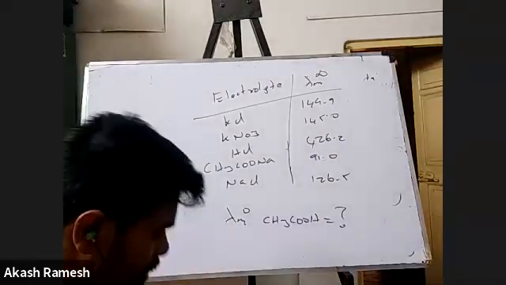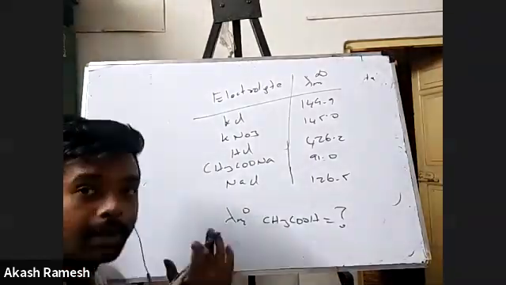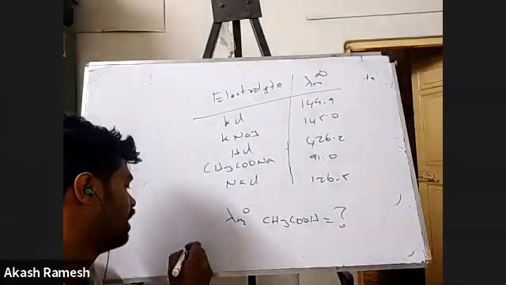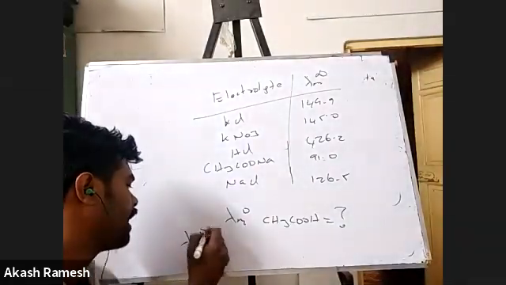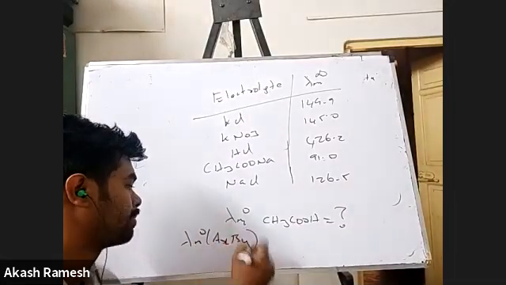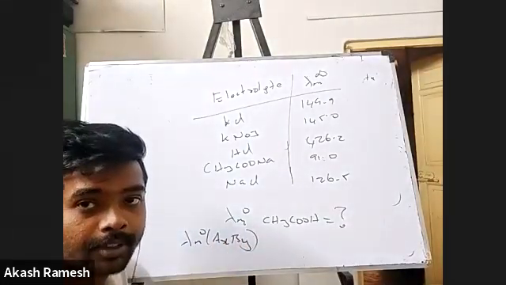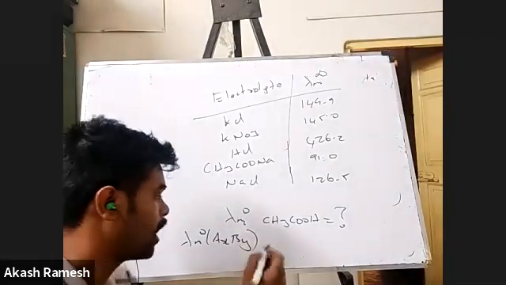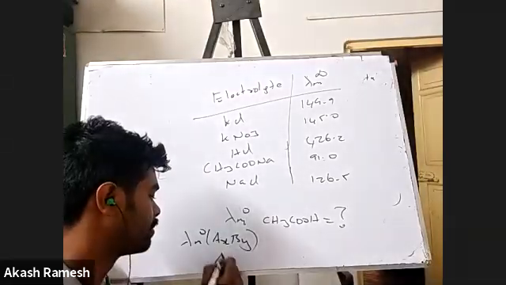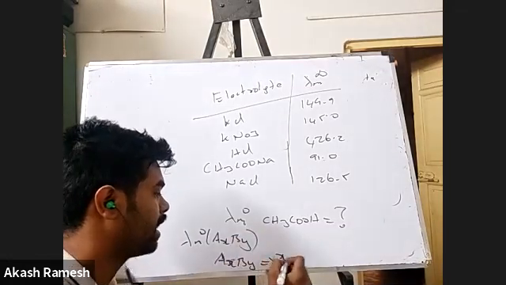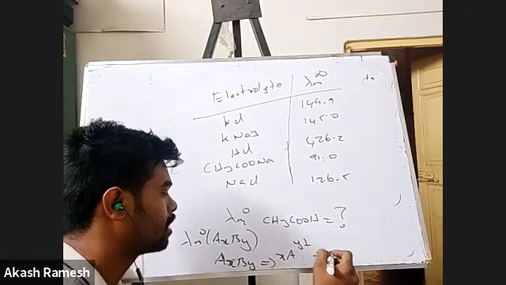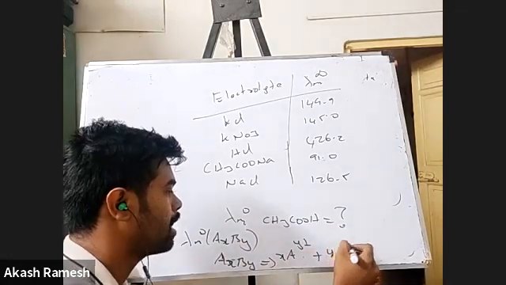Something like this, I'll just take a general case. Say I have lambda m naught of A x B y. Now please understand, A x B y, I will be able to dissociate it as x moles of A y plus and y moles of B x minus.